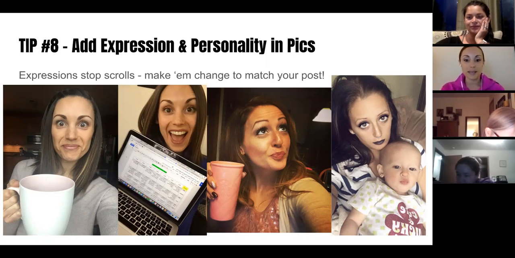So I gave some examples here, and the last picture is a perfect example. You're scrolling Facebook and you see Sheena's face pop up like that. Maybe you scroll right past it and then you're like, wait, what was wrong with her? So you go back up. She looks unhappy or disappointed or frustrated, something, but it makes you curious. It makes you want to know, okay, wait, what's going on? And then you read the text.